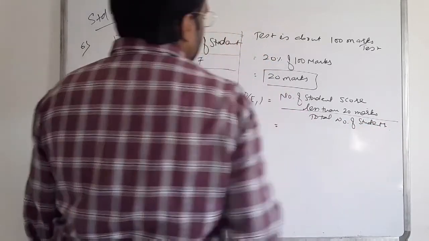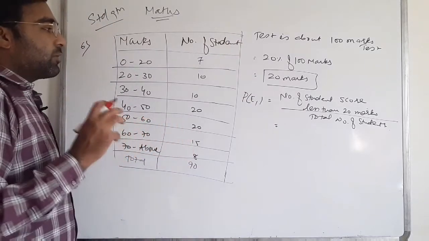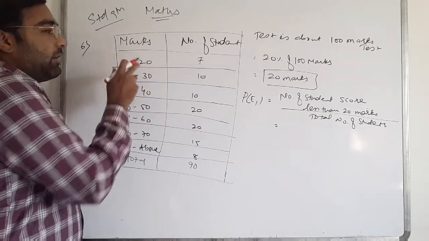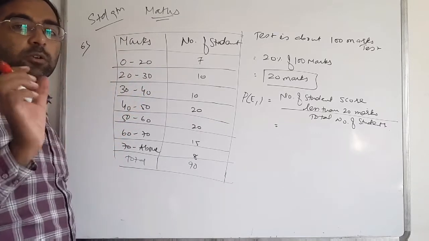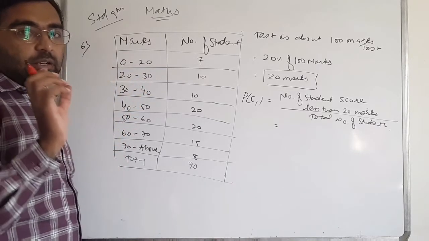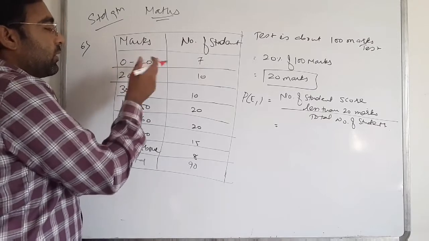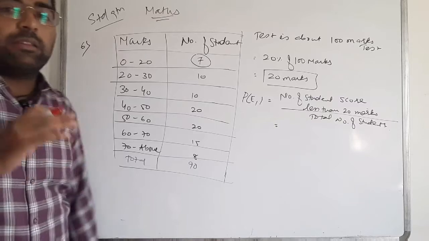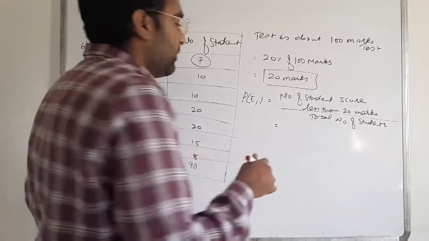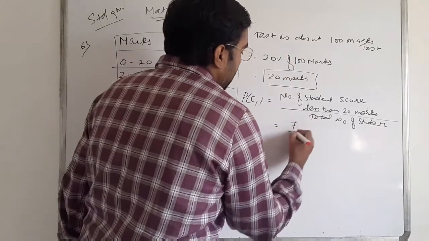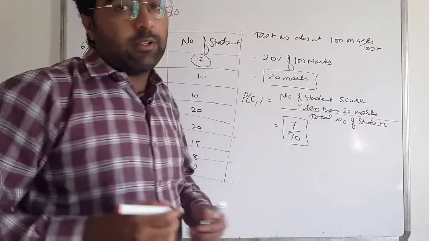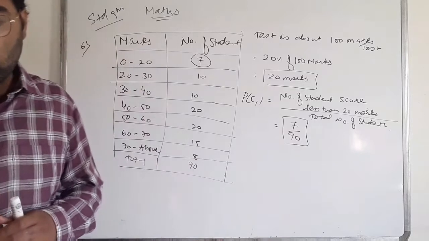Clear? Less than 20 means 0 to 20. There are 7 students who scored less than 20 marks, so the number of students is 7 by the total 90. So this is your final answer.